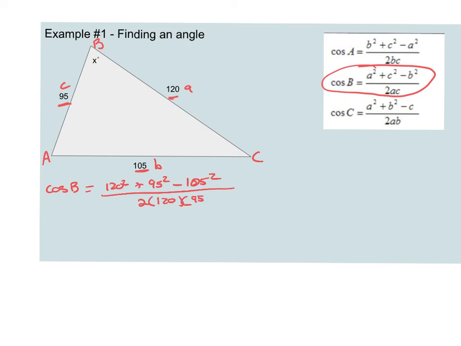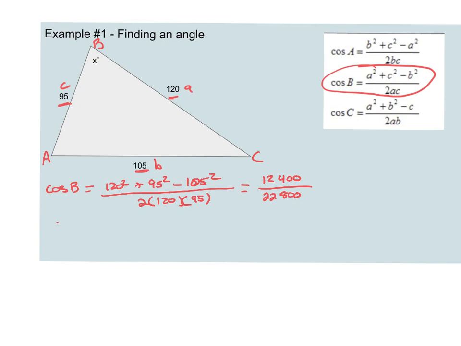Now, unlike the previous problem where I said to put it in your calculator all at once, this one you should really do the top in your calculator and then do the bottom. So if you do the top, 120 squared plus 95 squared minus 105 squared, that equals 12,400. Then if you do the bottom, you're going to end up with 22,800. Now, this might end up being a negative answer sometimes, and that's okay. There's nothing wrong with that.